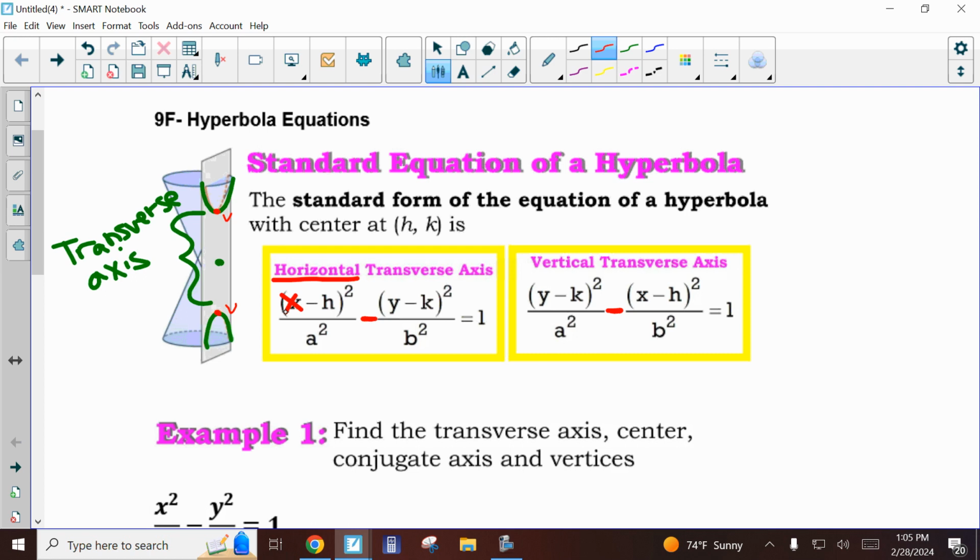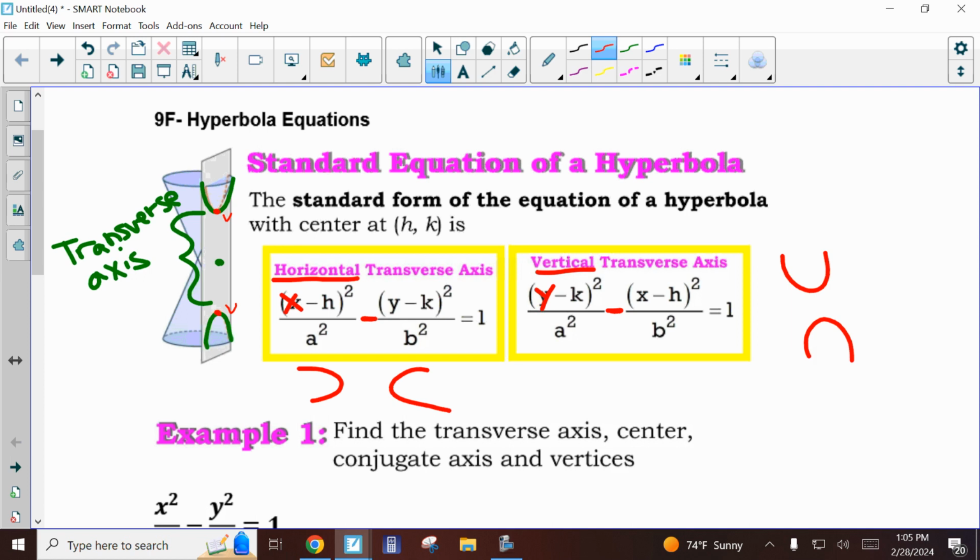So if I have a horizontal transverse axis, that basically means that my shapes go like this. They open up horizontally, side to side. If I have a vertical transverse axis, the vertical axis happens anytime y is first. So that means that your shape on this one would open up like this.